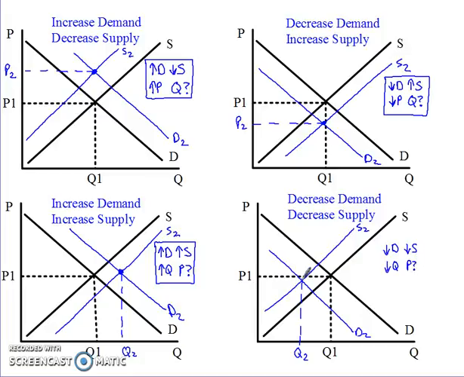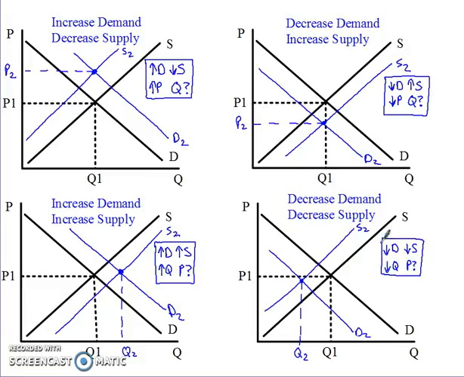We can't tell at the new equilibrium whether the price goes up or down. The way I drew it, it went down, but you might have drawn those left shifts a little differently, and price might have gone up. So we just can't tell.